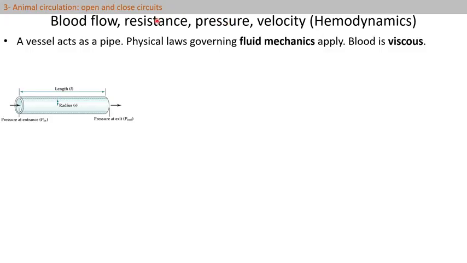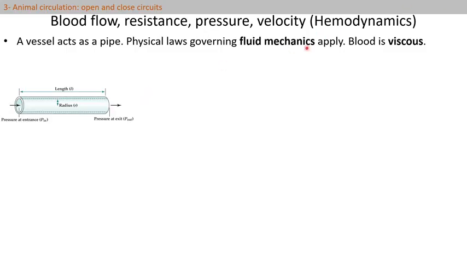And resistance to that pressure, and how all of those determine blood flow. So the first thing to understand is that a vessel is nothing else than a pipe. Okay? There's a radius or a diameter, and there's length. And how blood flows through that pipe is just governed by simple physics.